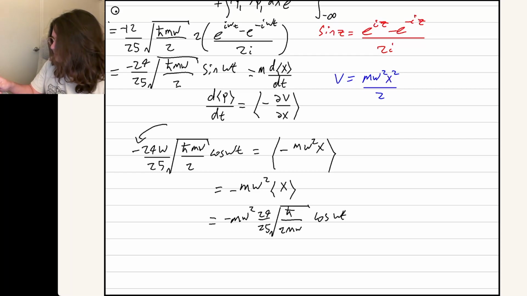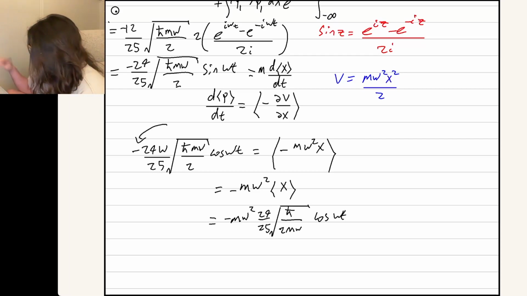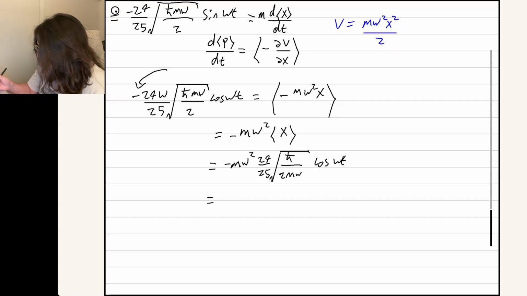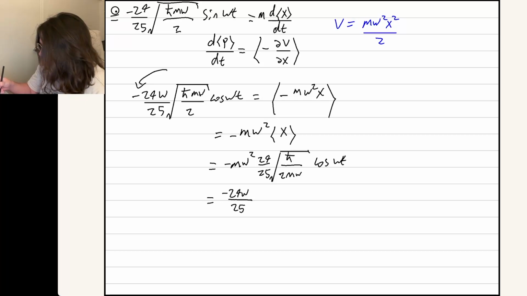you can already probably see how these are going to be the same, but I'll go ahead and make sure, because I'm going to factor through a factor of m and a factor of omega to the radical to have h bar m squared omega squared over 2m omega, just 2m omega.